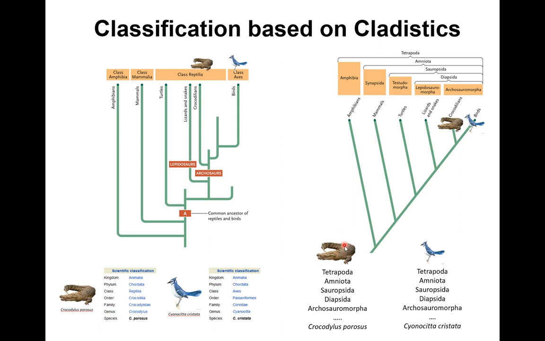But now you see how the saltwater crocodile will belong first to this clade, Tetrapoda, and then to this clade here, Amniota, Sauropsida, and so on, and progressively will belong to smaller and smaller monophyletic taxa or clades. You can see how ultimately this classification will better reflect the evolutionary relationship between these two animals, which morphologically may look very different, but evolutionarily are very close to each other.